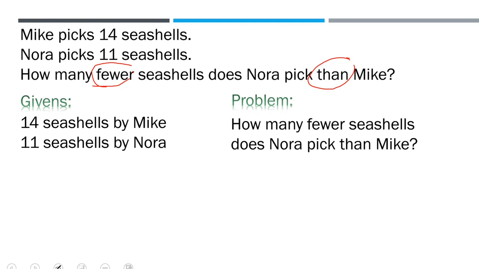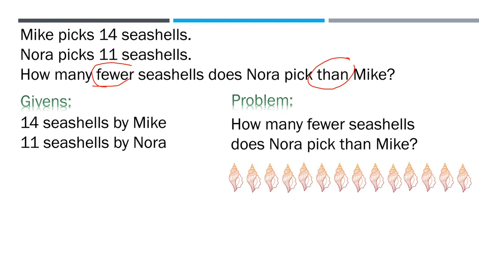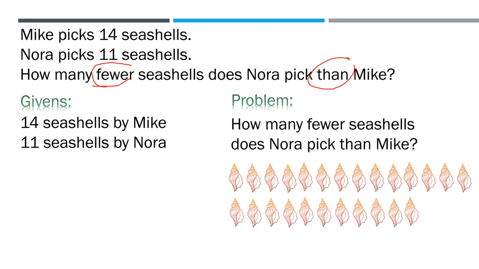And also, let's look back at the given. 14 seashells by Mike, and we also have 11 seashells by Nora. Now the problem says that we have to find out how many fewer seashells does Nora pick than Mike. So we are looking at this number. How many fewer?